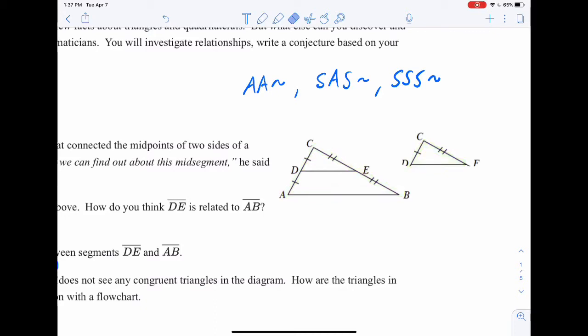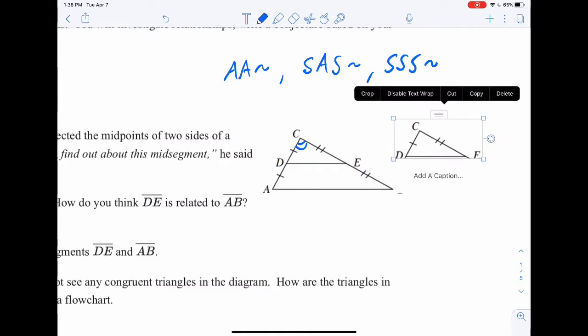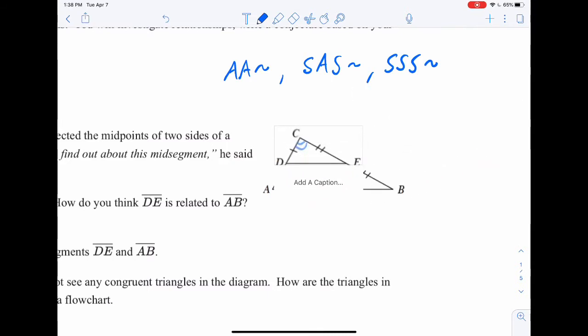Angle-angle requires us to find 2 pairs of congruent angles. I know that angle C is congruent to angle C. It was a copy of itself, so obviously those are congruent. But do I know that any of the other angles are congruent?